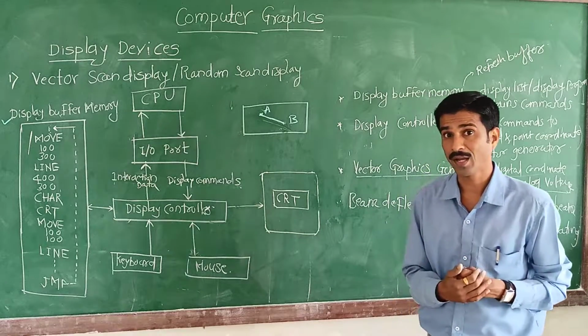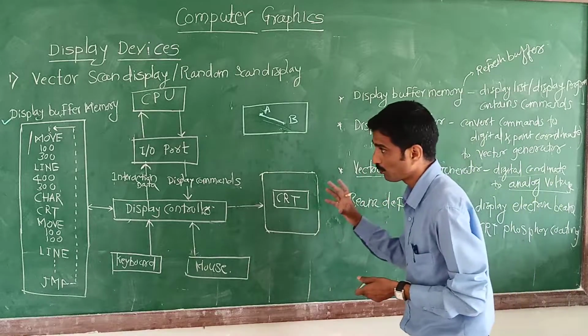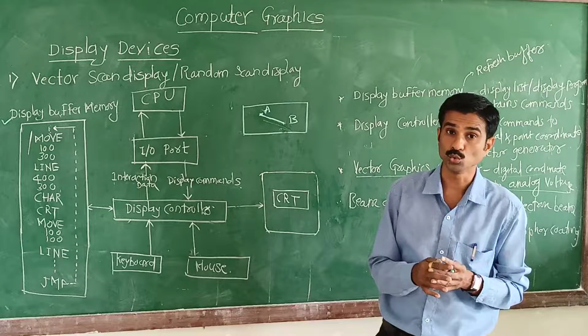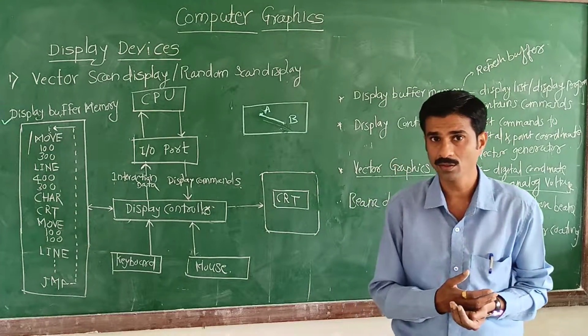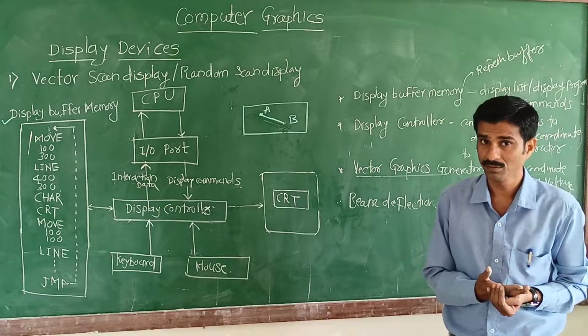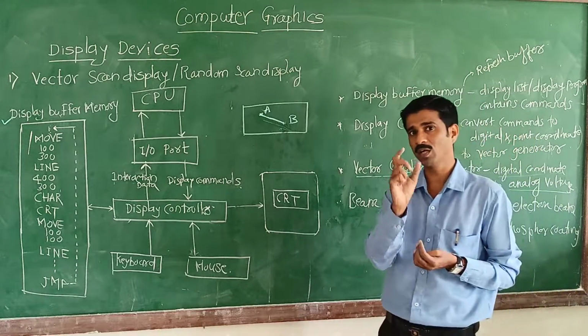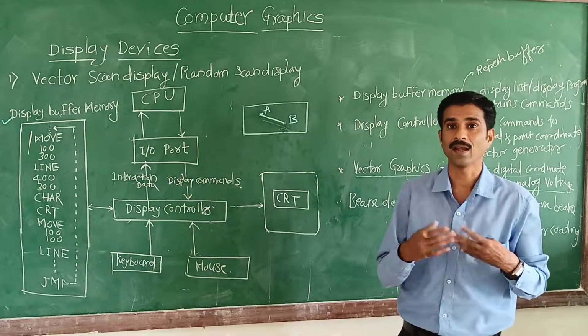So I will repeat again. First, this vector scan display device is used to display only points, lines, and characters, and the beam deflection circuit will move randomly.